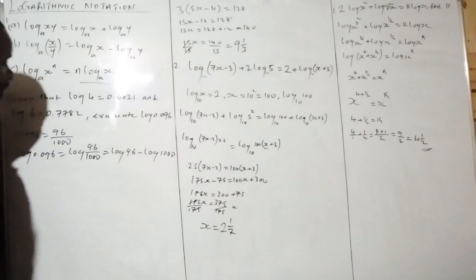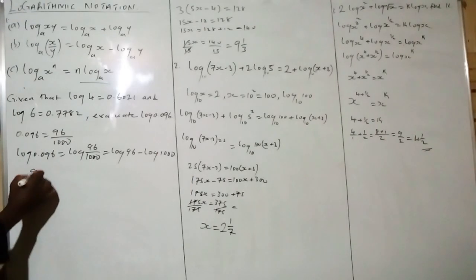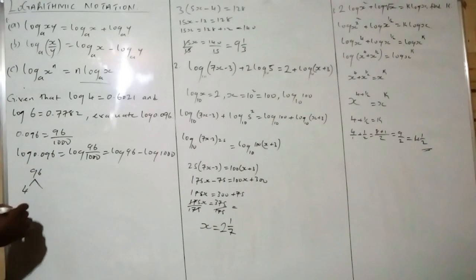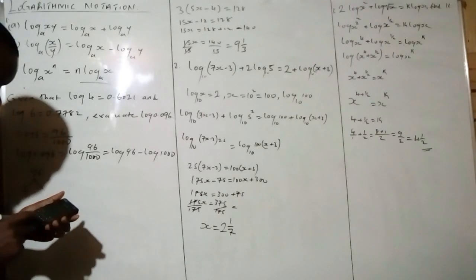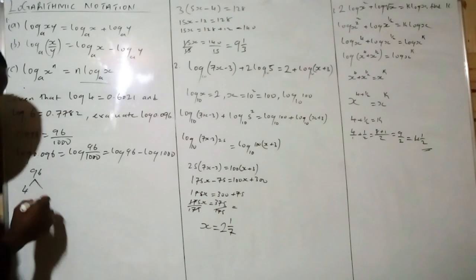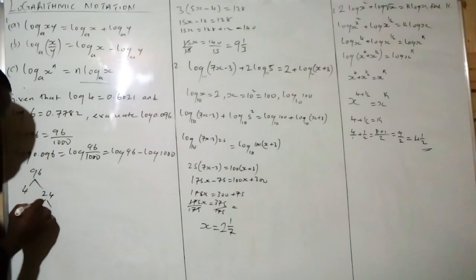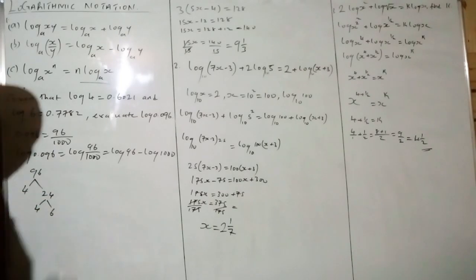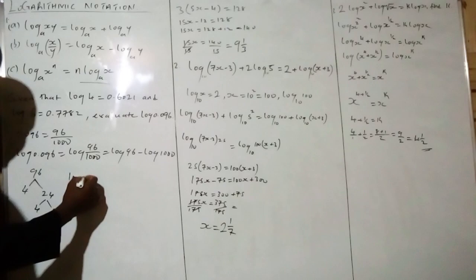For 96, using the factor method, we can start with the 4. 96 divided by 4, we get 24, which is 4 times 6. For 1000, 1000 is the same as 10 cubed.